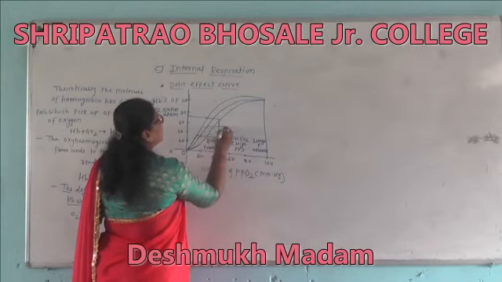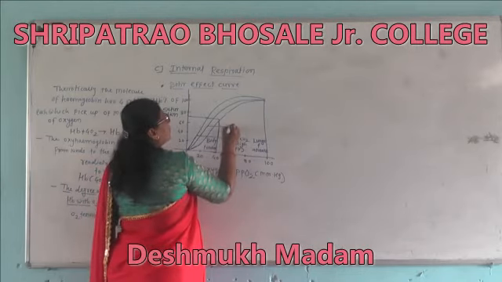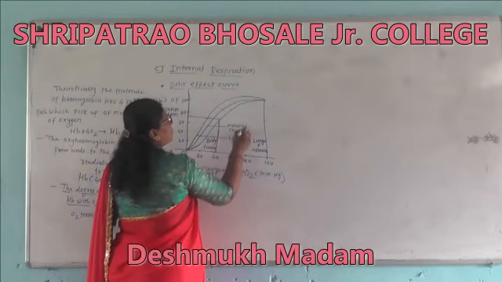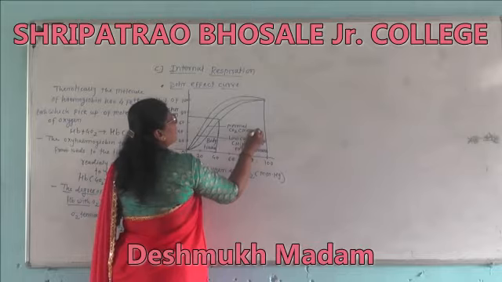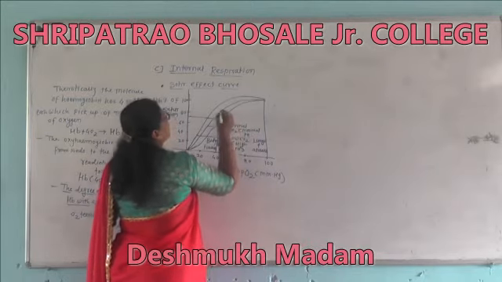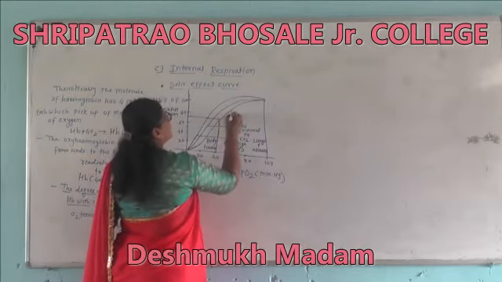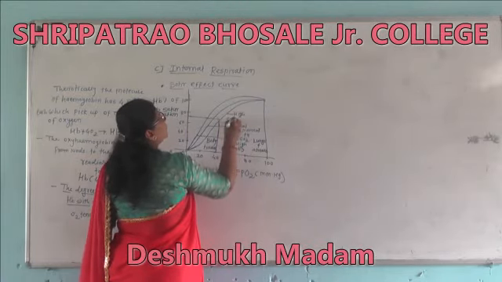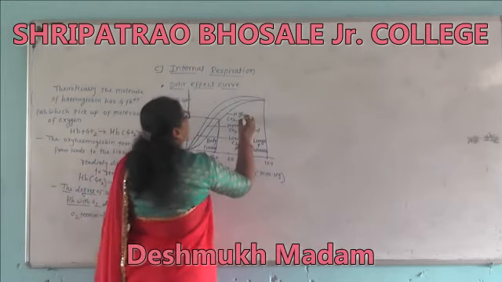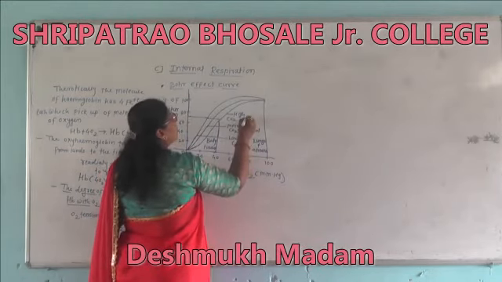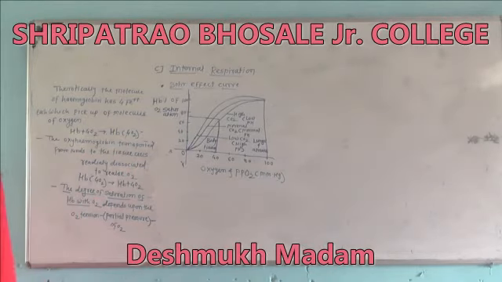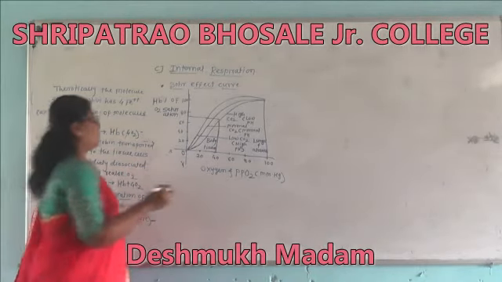Normal CO2 shows normal pH. And third, high CO2 shows a low pH. The graph shows the oxyhemoglobin dissociation curve.